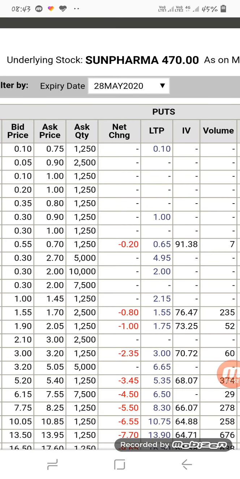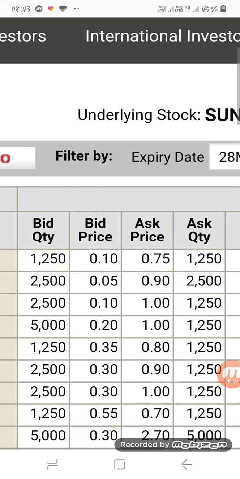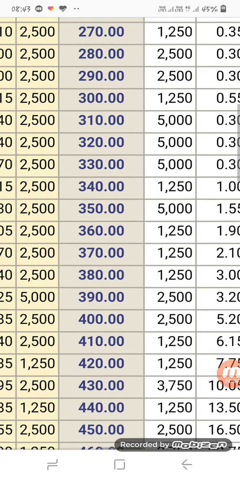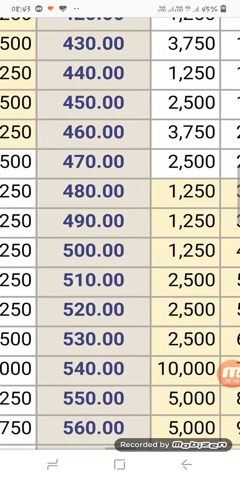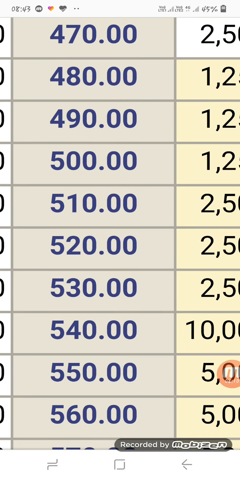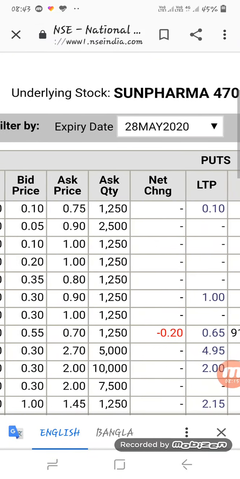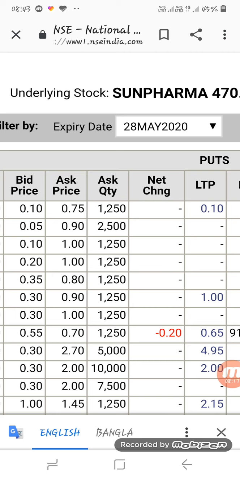So this means the price of Sun Pharma right now is 470. We are thinking that this 470 is going to increase till 500, and the time period is within 28th May 2020. So we have many more days left.